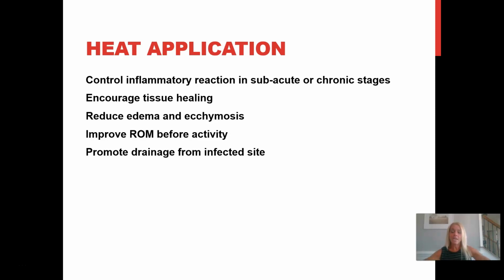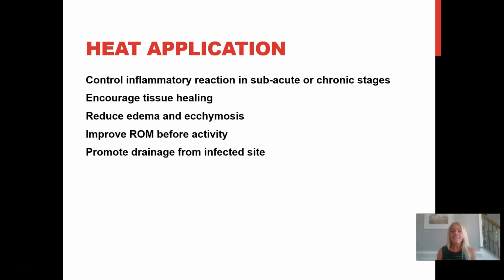And I do want to take just a second to sort of explain that a little bit. Just putting a hot pack on someone is not going to improve their range of motion. Putting a hot pack on someone is going to improve the elasticity of the collagen structures in that area. So if we put heat on someone and then we stretch them immediately afterwards, or we have them do some sort of exercise or activity that's going to induce a stretch or increase their range of motion, that's what's going to actually increase their range of motion.